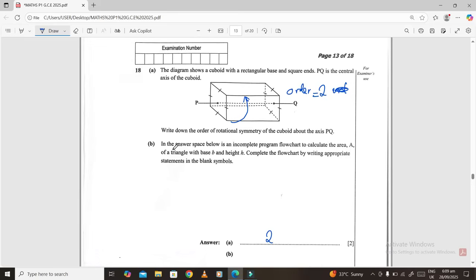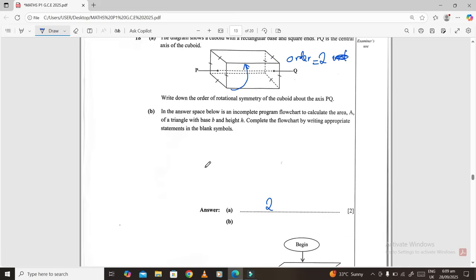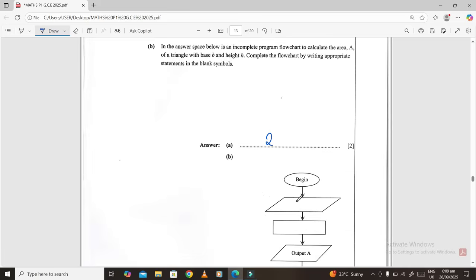We go to question B. In the answer space below is an incomplete program flowchart of calculating the area of a triangle with base B and height H. Complete the flowchart by writing appropriate statements in the blank space. So here you just put the letters that you're able to see in small letters there.